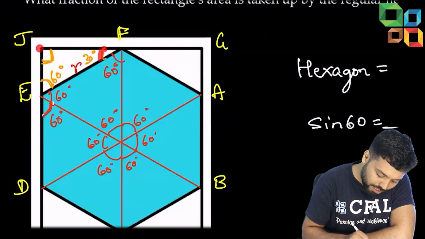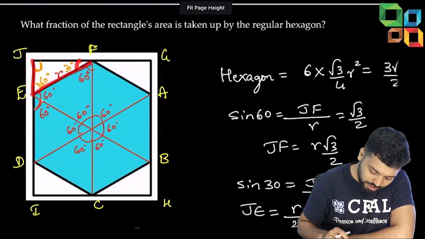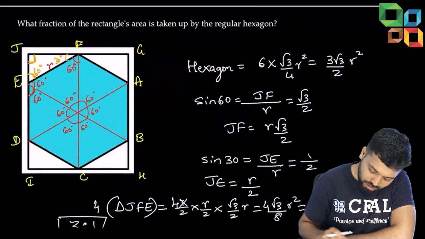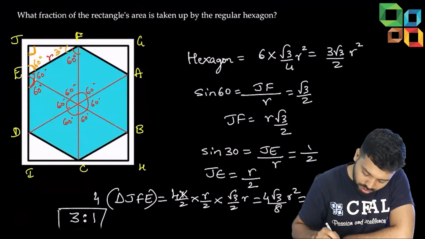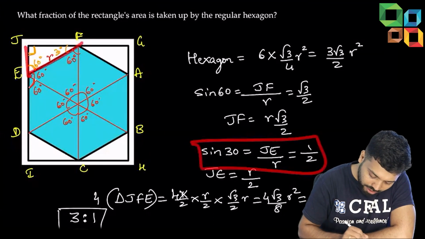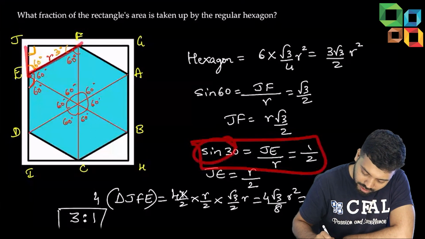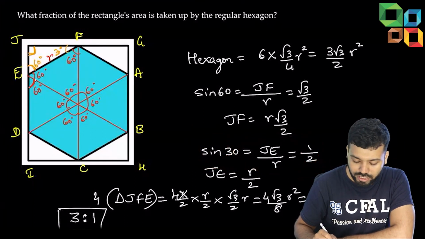Sine 30 is nothing but opposite side divided by hypotenuse. Sine 30 is nothing but JE by R, and we know the trigonometric value of sine 30 is half. So we will get JE equal to R by 2.